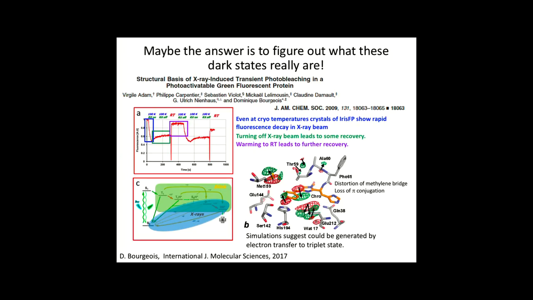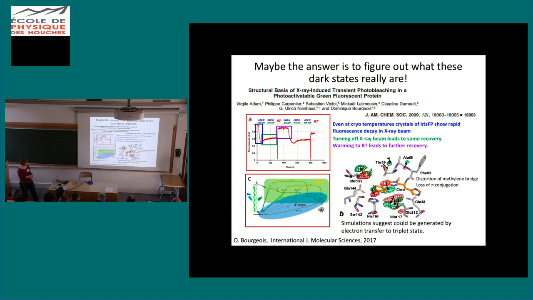But what I think is really powerful is that they suggest the state wasn't accessed the same way as in a regular photocycle, where you excite the molecule and it goes through a series of transformations. It's possible that the X-rays are inducing a change that's accessing the same states but in a different way.